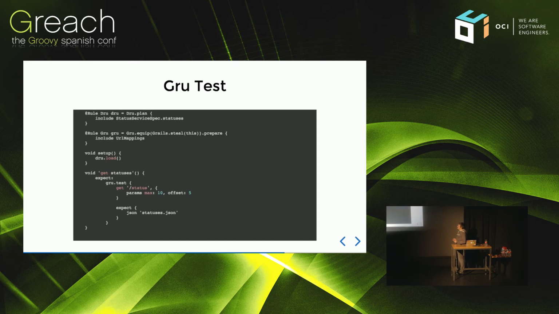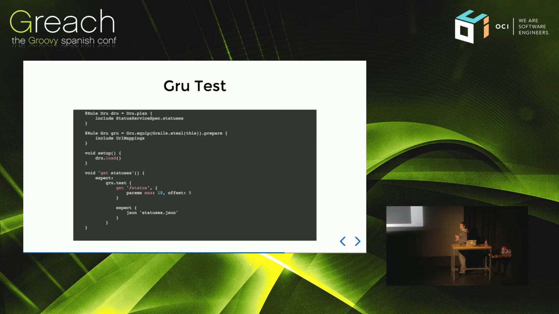And this is how you start with Geb. It also has rules, so it does some cleanup and verification before and after each test. Just tell Grails to test this for itself, and equip the Grails client and prepare it, including the URL mapping. So in every test, you can now see which mappings you are using and whether it's really mapped.